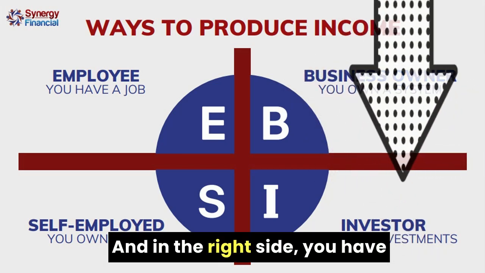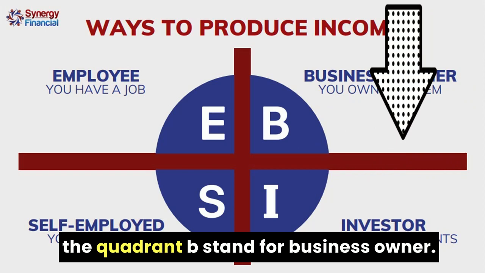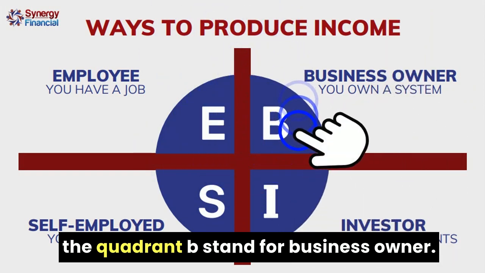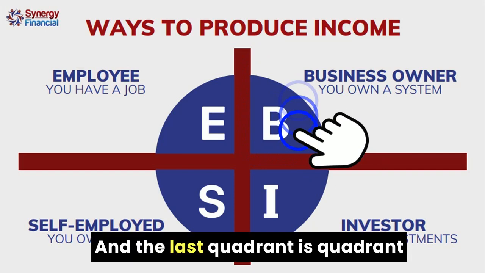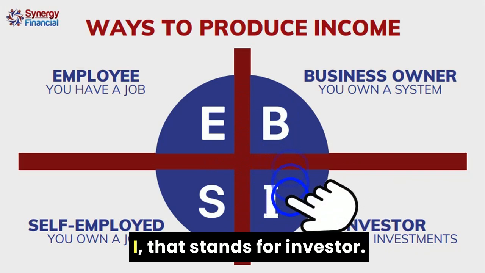And on the right side, you have the quadrant B, which stands for business owner, and the last quadrant is quadrant I, that stands for investor.